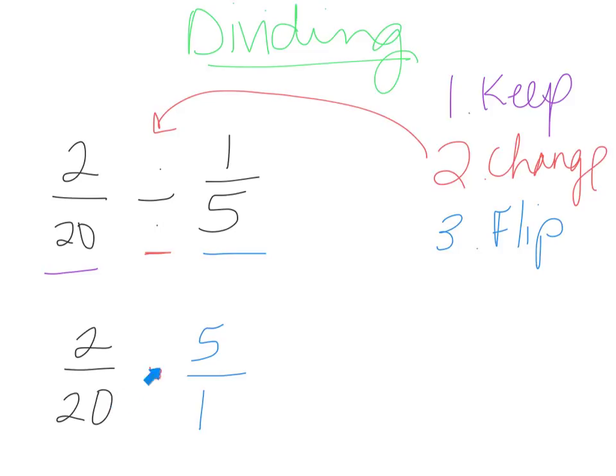We've got 5 and 20. Can anything go into both of those? Yes, 5. So 5 goes into itself once and into 20 4 times, and then you just multiply straight across. 2 times 1 is 2, 4 times 1 is 4, and remember we always simplify our fractions, and 2/4 simplifies down to 1/2.